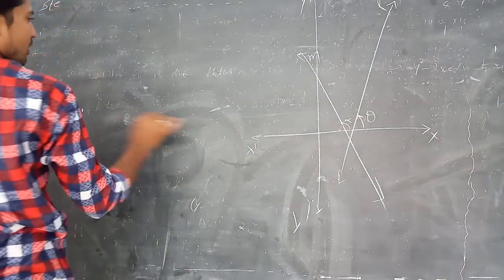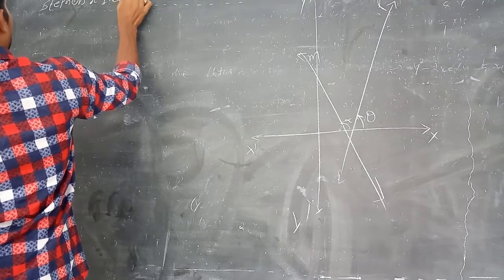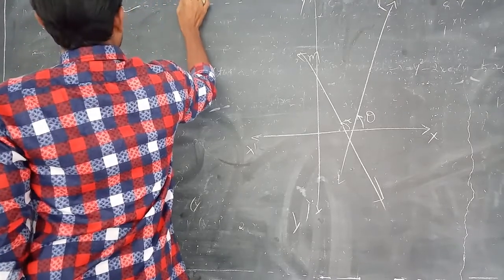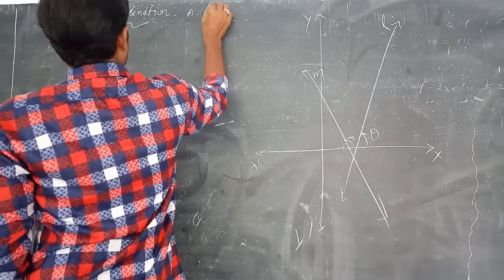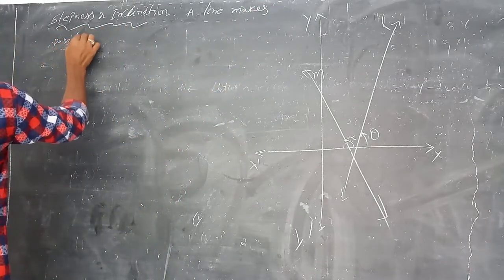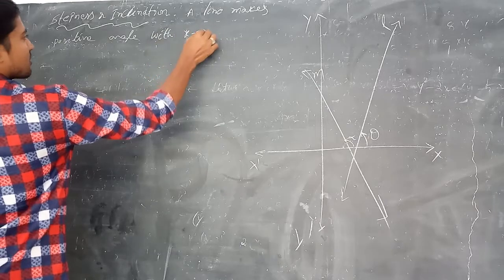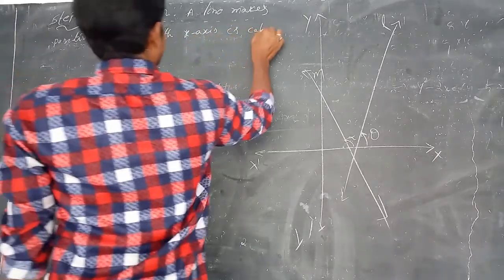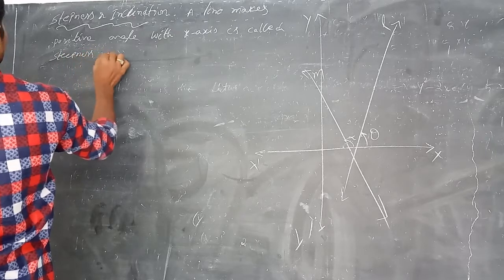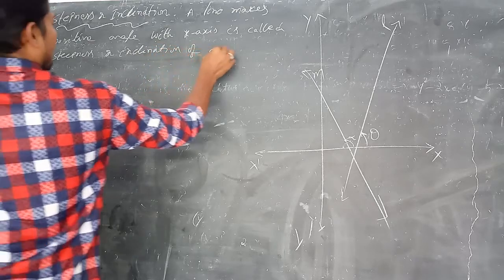Steepness or inclination. A line makes a positive angle with the x axis is called steepness or inclination of a line.